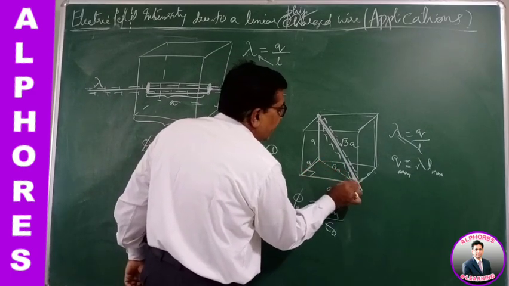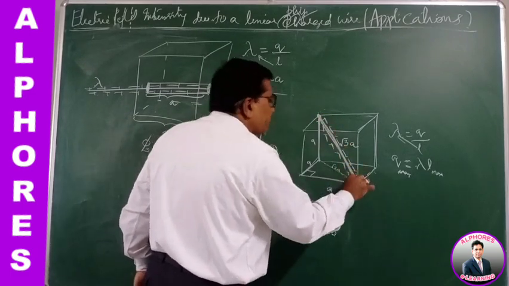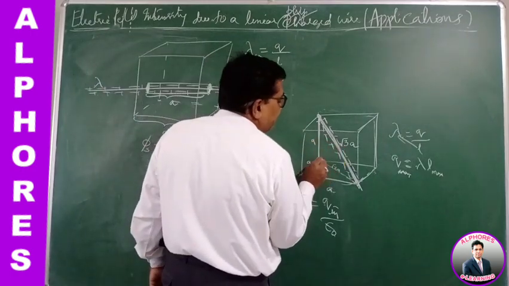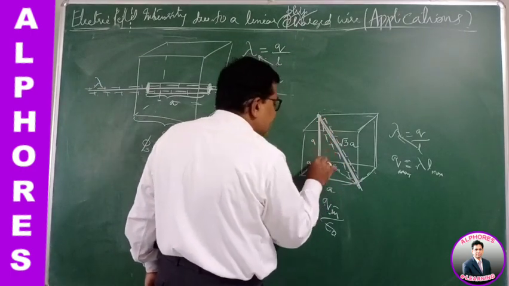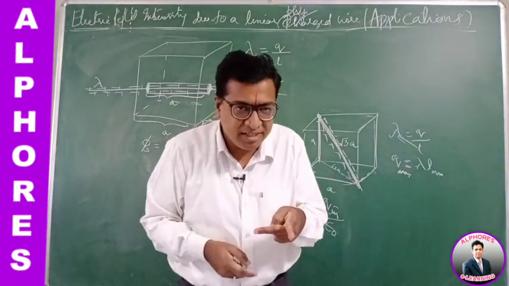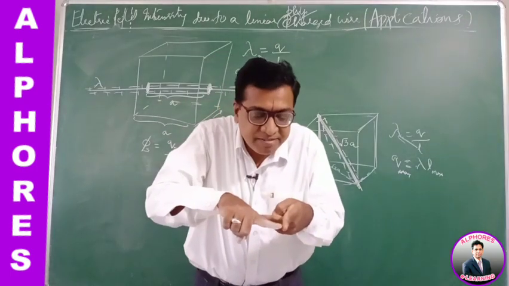To this face diagonal and this vertical side, the body diagonal is the hypotenuse. So the body diagonal is the hypotenuse of the face diagonal and the vertical side. Suppose these are the two sides of the cube, then this is the face diagonal.